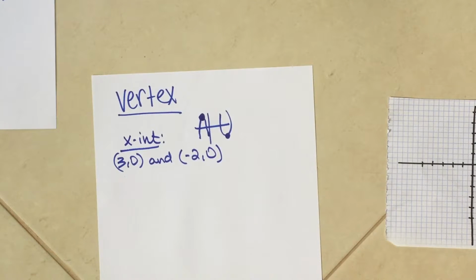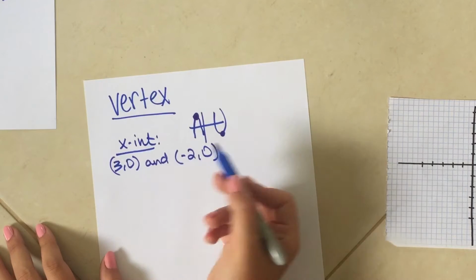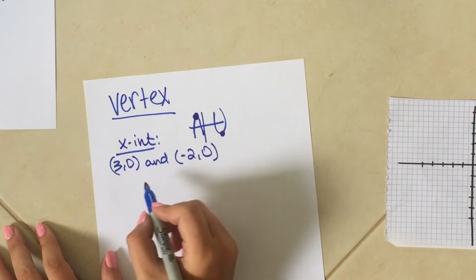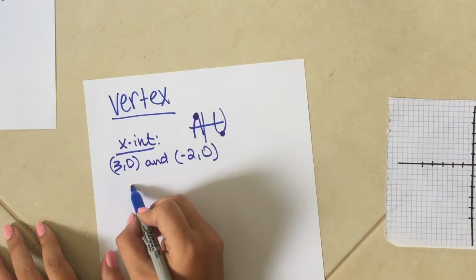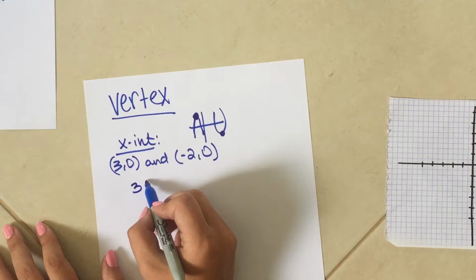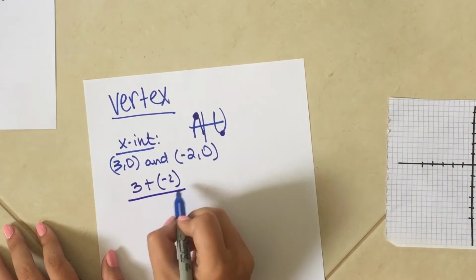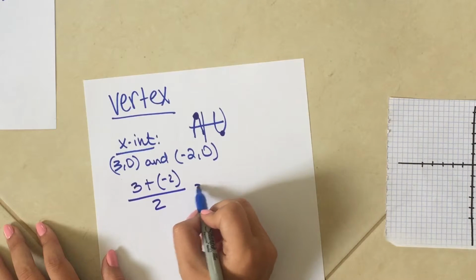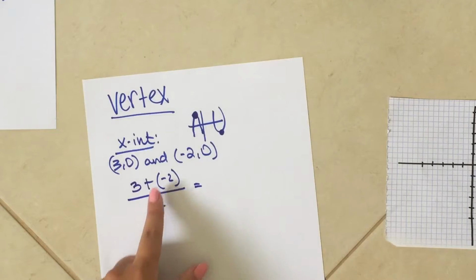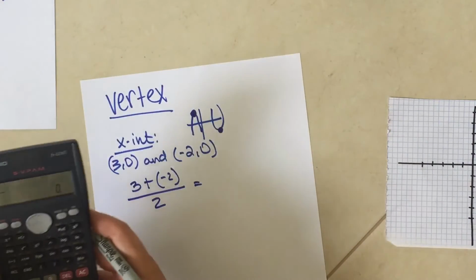The way for us to find the vertex is, what we need to do is add our x-intercepts and then divide them by 2. In that way, we will get, let's do it on a calculator to double check.